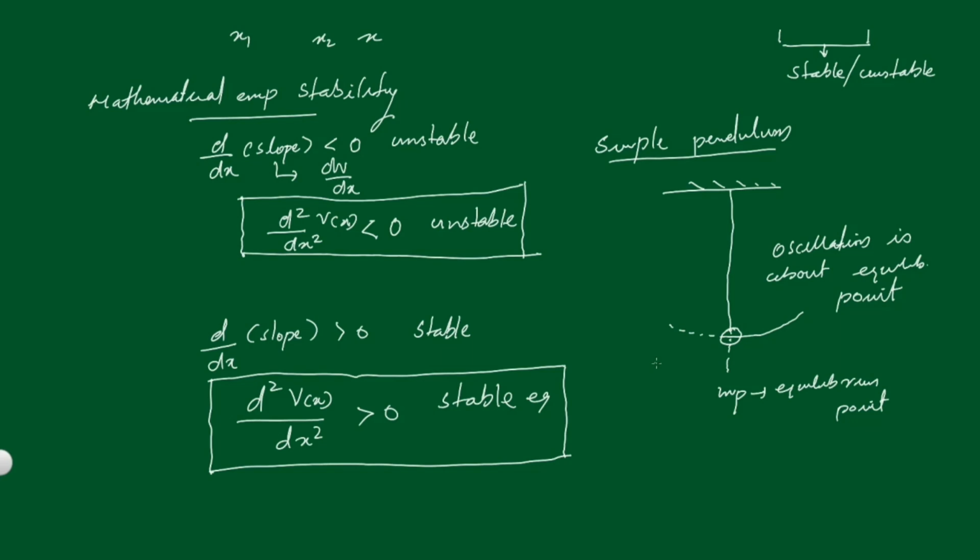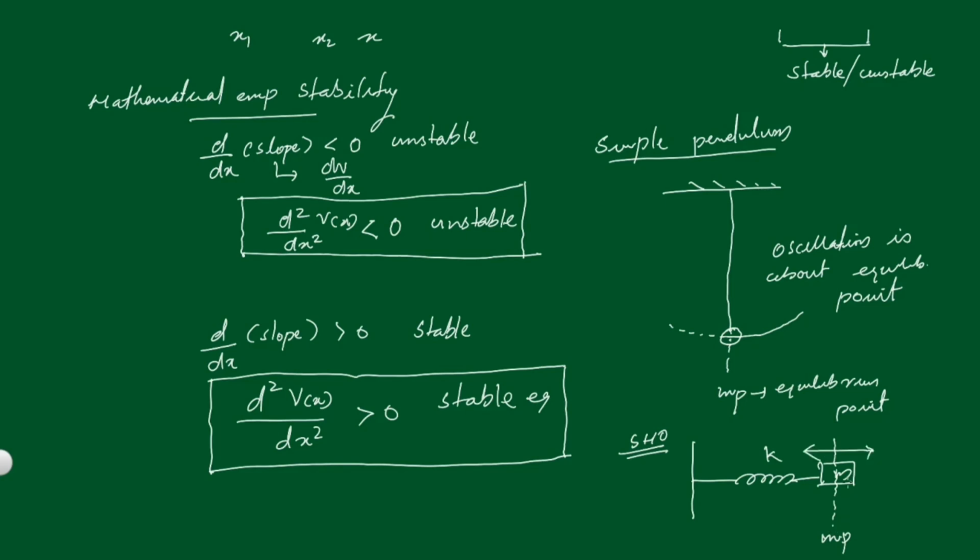Now we consider another example, that is a simple harmonic oscillator. This is a spring of constant K and there is a mass M. So this mass will oscillate about a mean position, and this mean position is an equilibrium point.